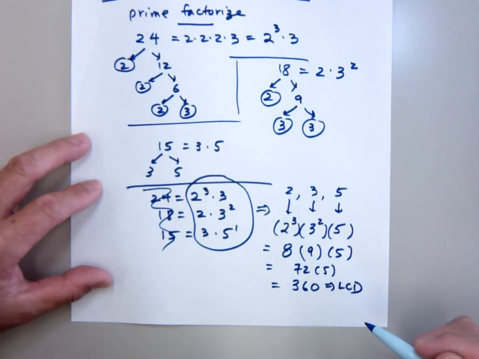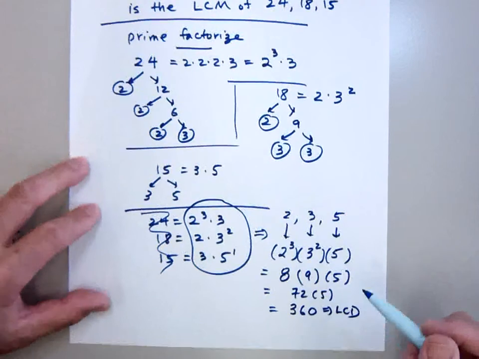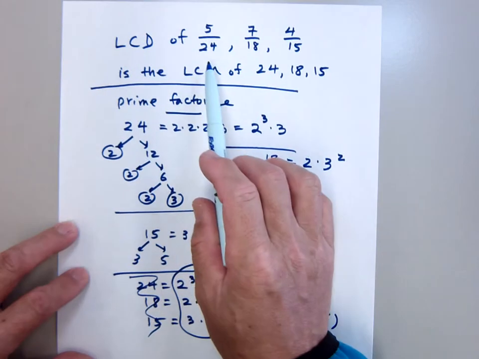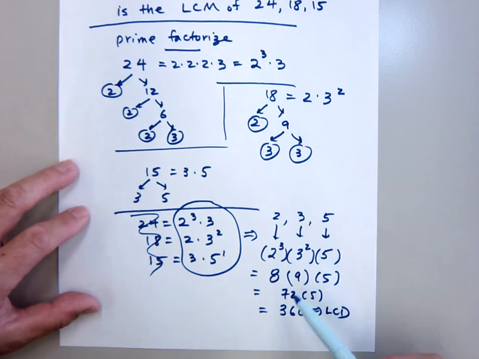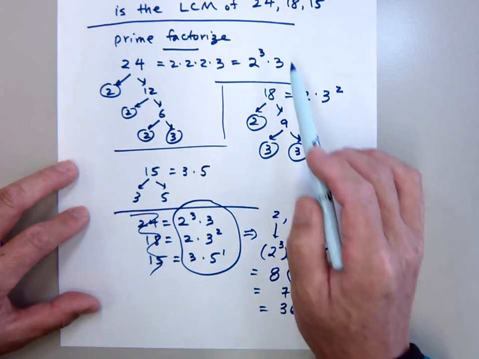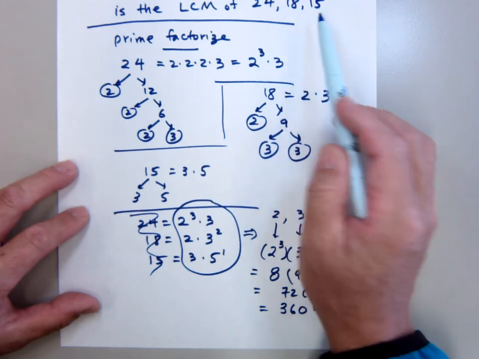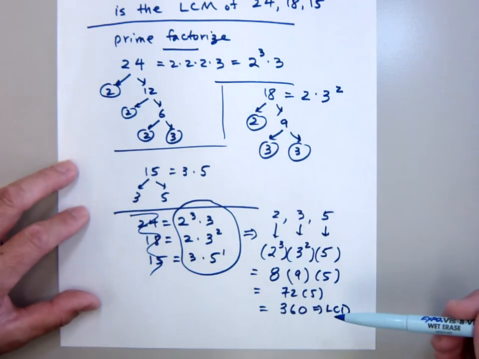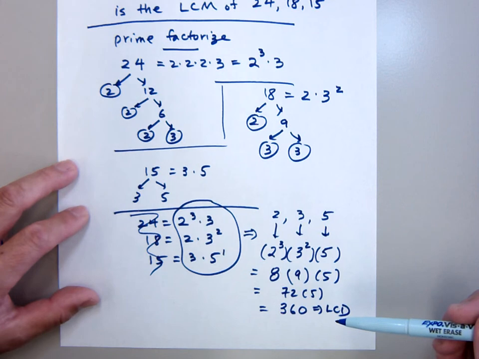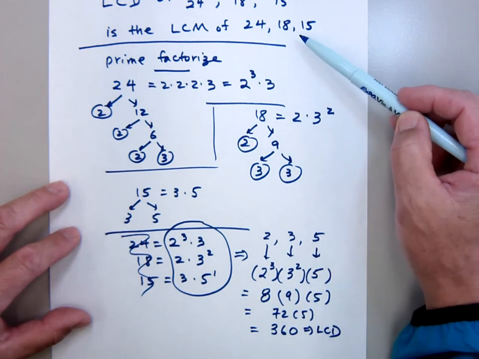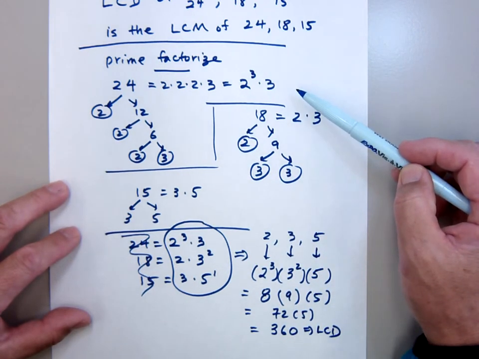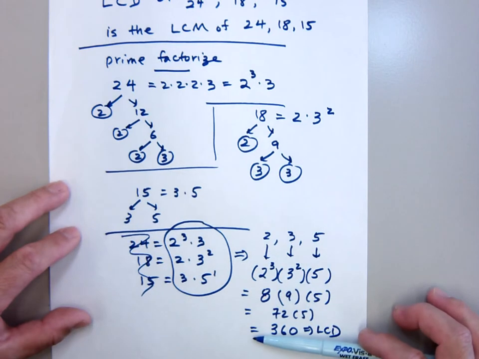So that is the LCD of these three fractions, which is the same as the LCM, the least common multiple of 24, 18, and 15. Now I know this whole thing looks pretty long, but it is still faster than if you were to sit down and list all the multiples of these three until you come out with 360. That will take you much longer.